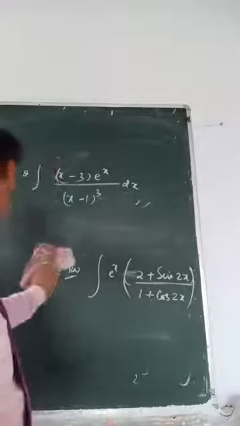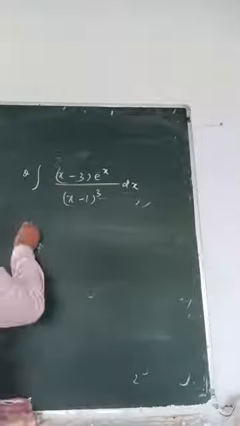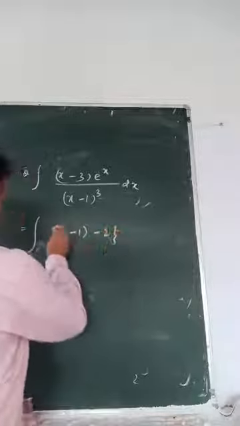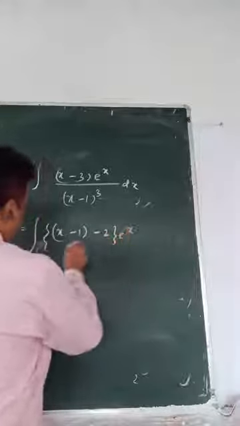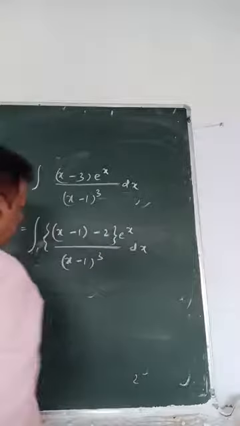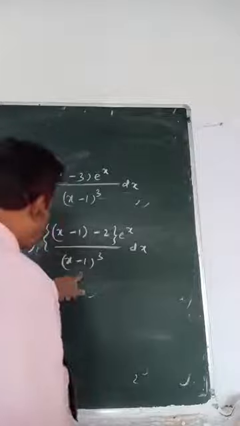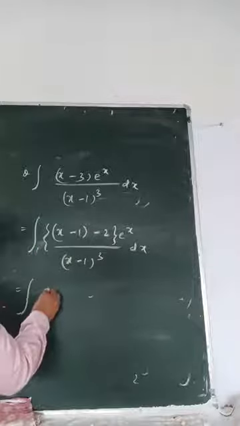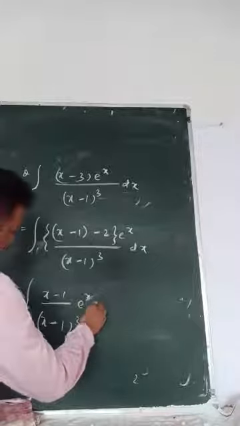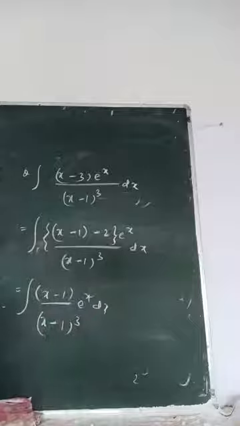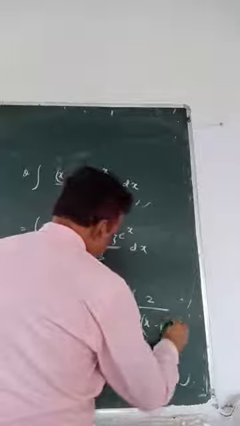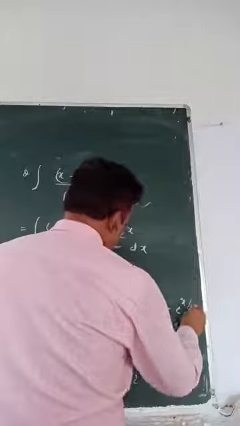So can I write this is same as x minus 1 minus 2 e to the power x by x minus 1 whole cube dx. I did a separation. So what do you get? x minus 1 by x minus 1 cube e to the power x dx minus 2 by x minus 1 cube e to the power x dx.